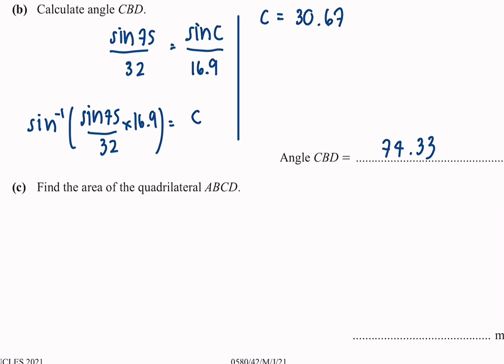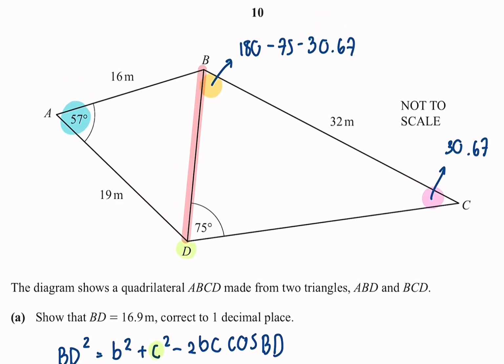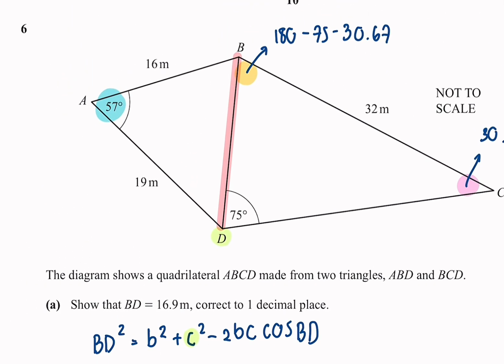Therefore, I will use this formula. 1 over 2 multiply AB multiply sine C. And from the question, they tell us that a quadrilateral ABCD is made from two triangles ABD and BCD.